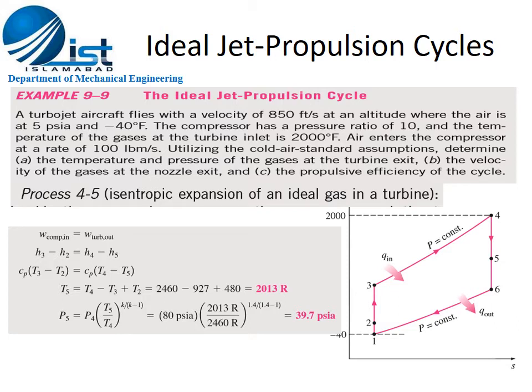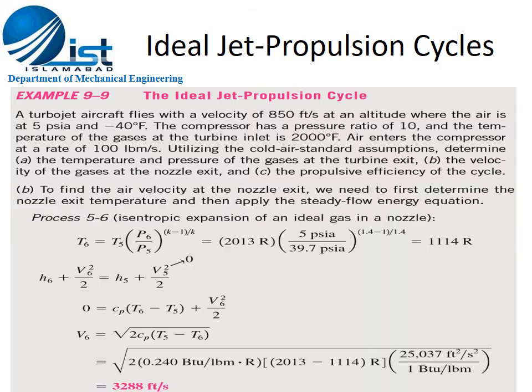Now our next part is to find out the velocity of the gases at the nozzle exit, which is point number 6. So we have to find out V6. In order to find out V6, we need temperature T6 also.